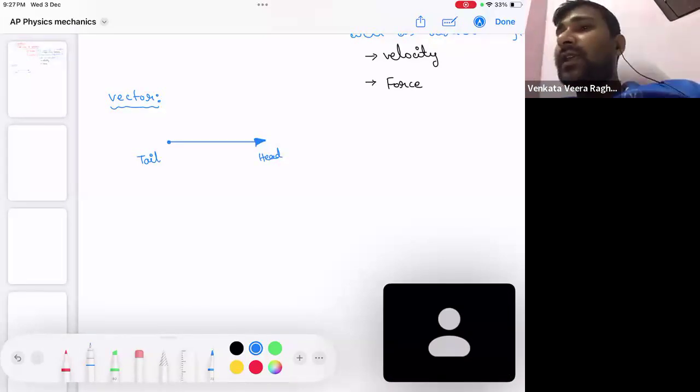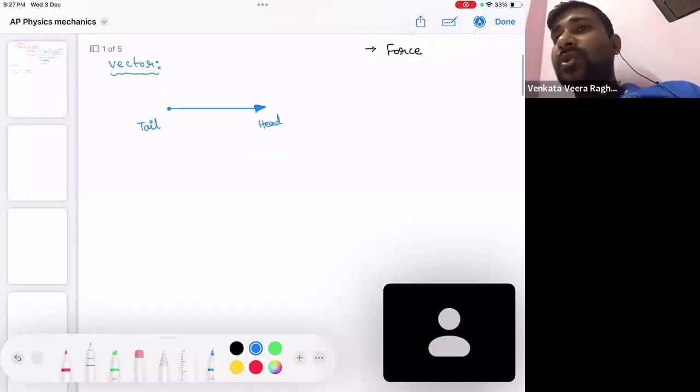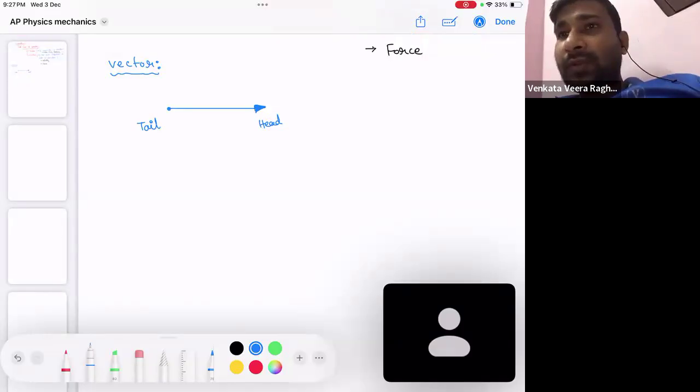Okay. So every vector is going to have two common things. One is the tail of a vector, the second one is the head of a vector. This arrow sign represents the direction of the vector. And this length represents the magnitude of the vector.